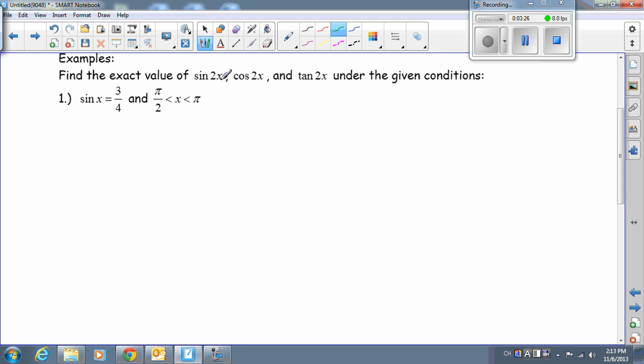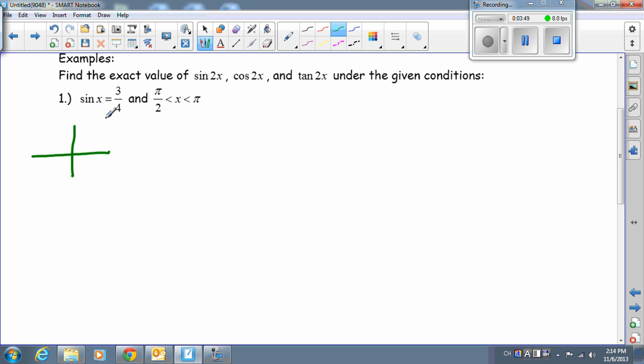Find the exact value of sine 2x, cosine 2x, tangent 2x under the given condition. Well, this is sine of x, and this tells me that x is located between pi over 2 and pi. Let's study this sine of x first. Sine of x is 3 over 4.